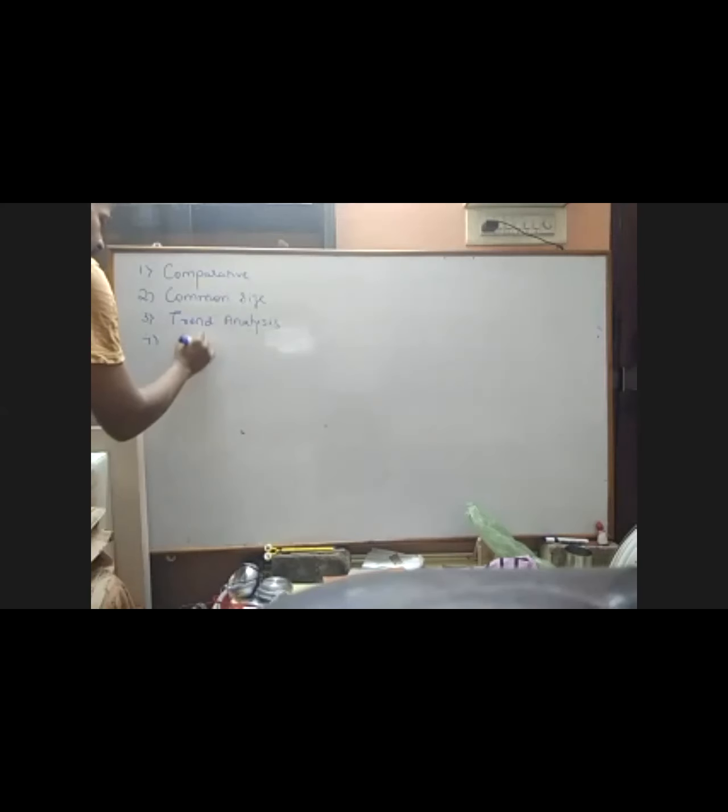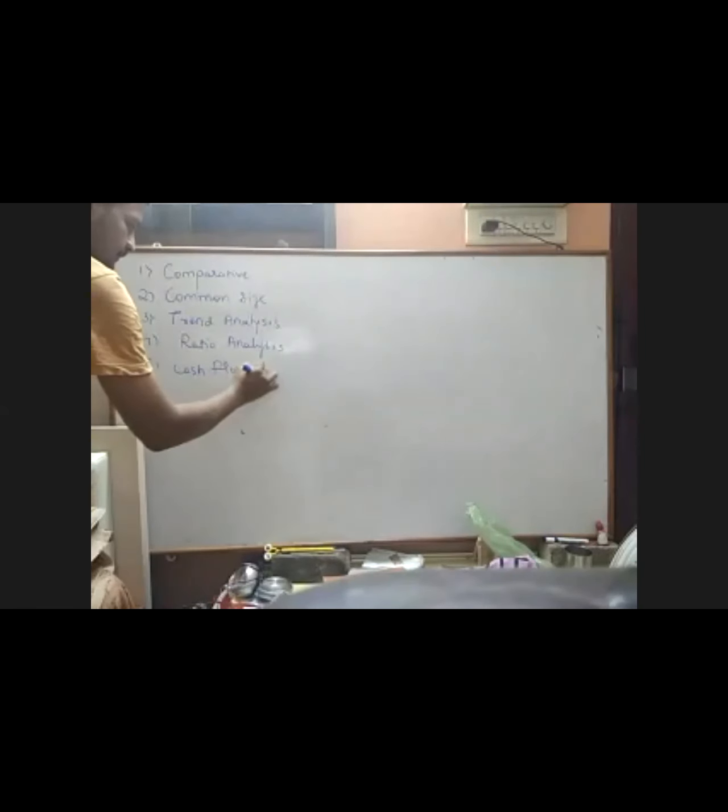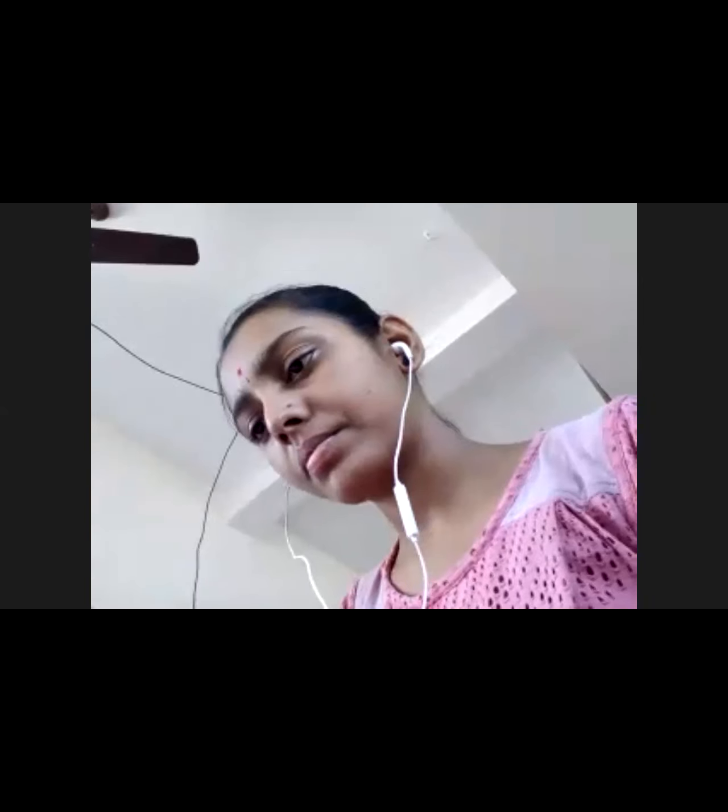Number 4, ratio analysis. And number 5 is cash flow statement. Okay, so totally how many techniques? 5. 5 techniques.